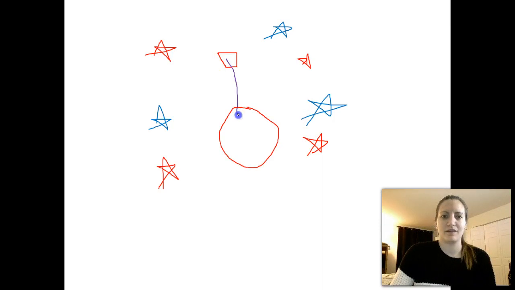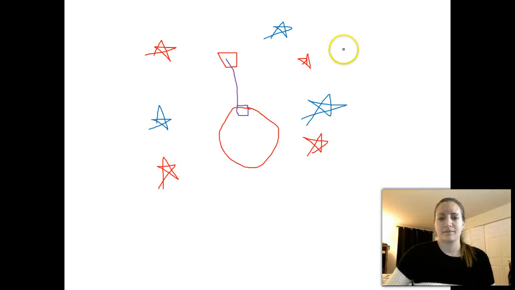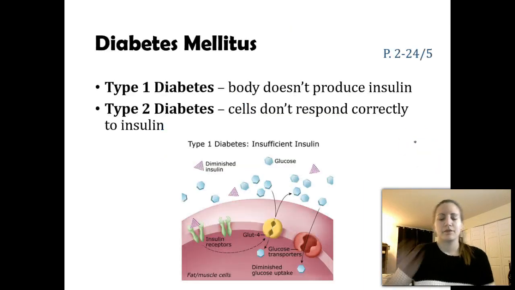So insulin comes in, it binds with it, it tells the cells, hey, go ahead, take in some glucose, but it doesn't. So again, type 1 diabetes, no insulin. Type 2 diabetes, insulin, but not responding correctly.